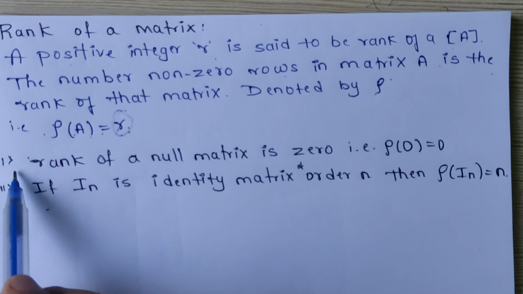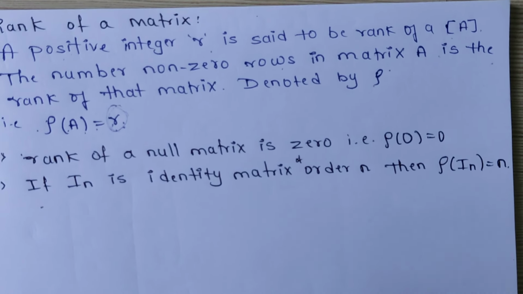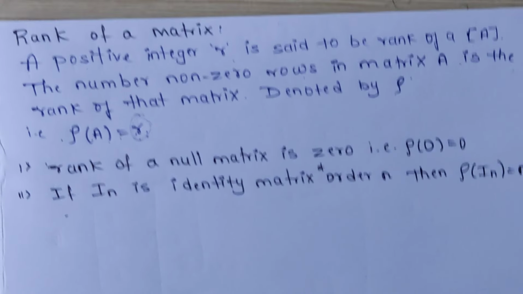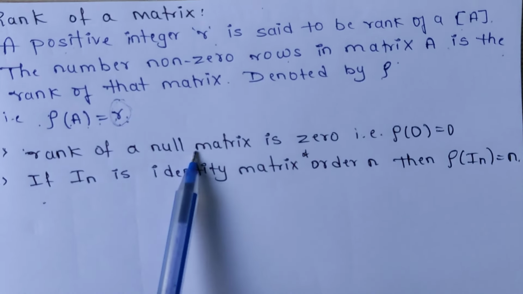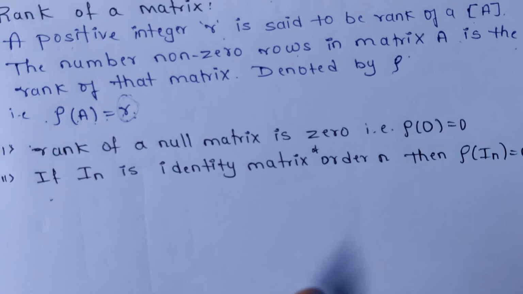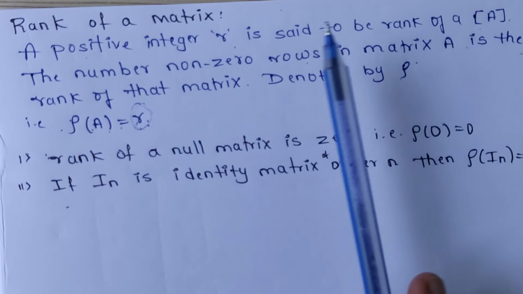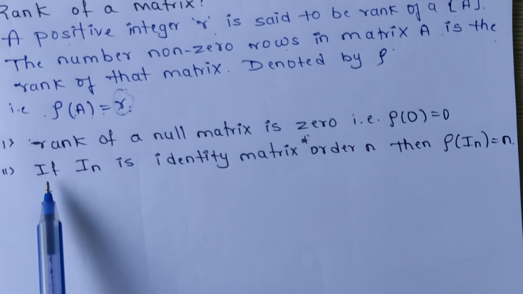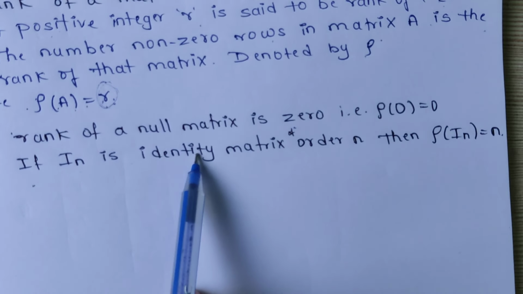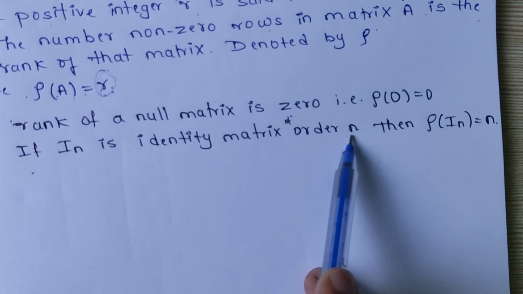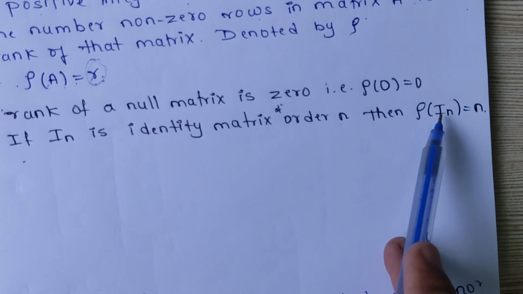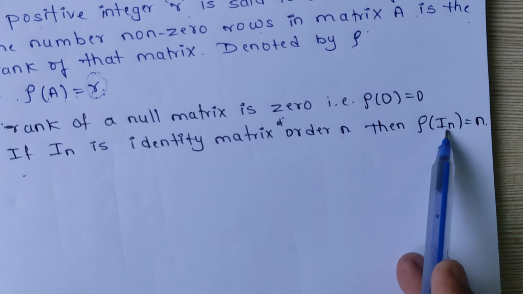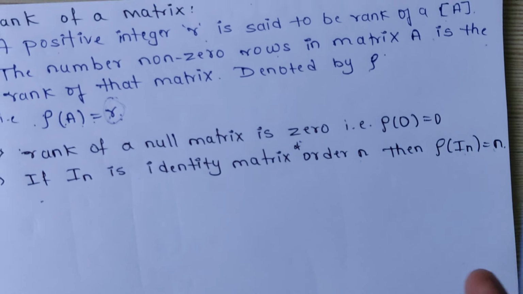There are two properties of rank of matrix. Rank of null matrix is 0 as it contains only 0 as its elements. If In is identity matrix of order n, then row of In, that is rank of identity matrix, is n only.